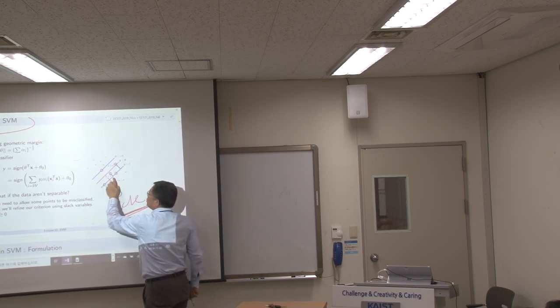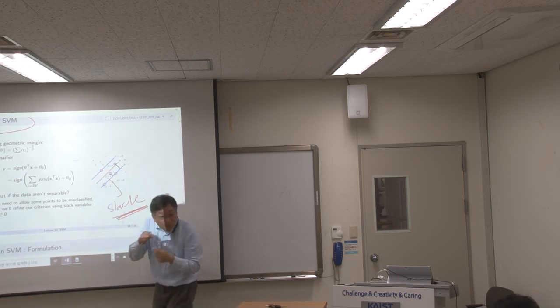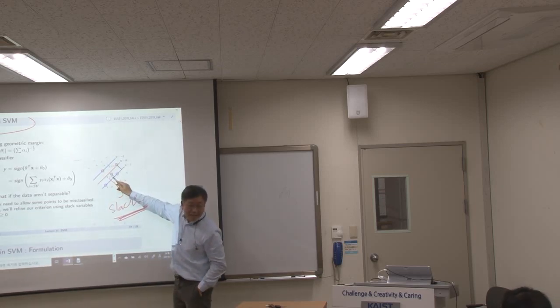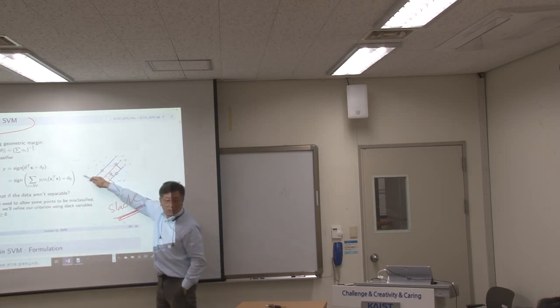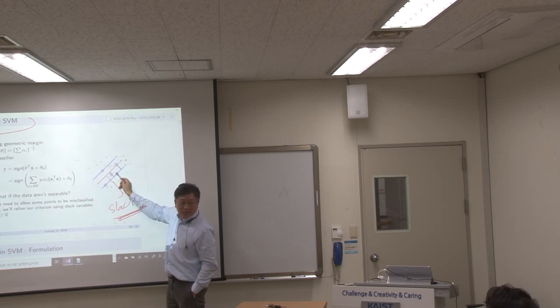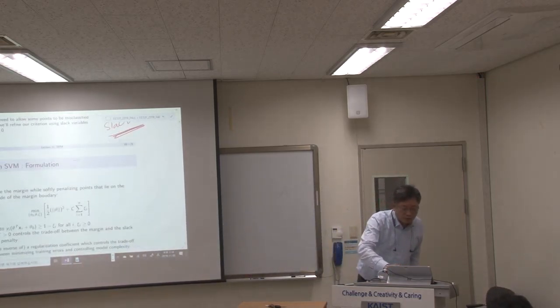If it's on the edge, the slack is 0. If it's not obeying, if it's in the road, that positive distance is called the slack. So each of the data has a slack. What are the slacks for this one? 0. If it's disobeying, it's that distance. I have 2 more minutes.